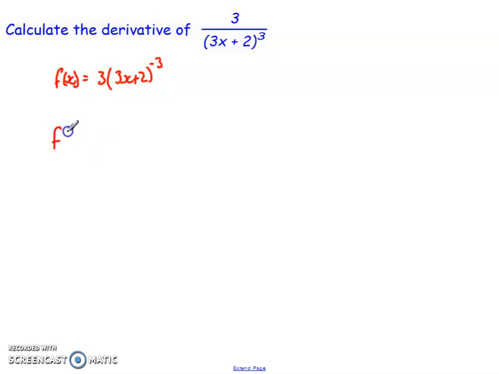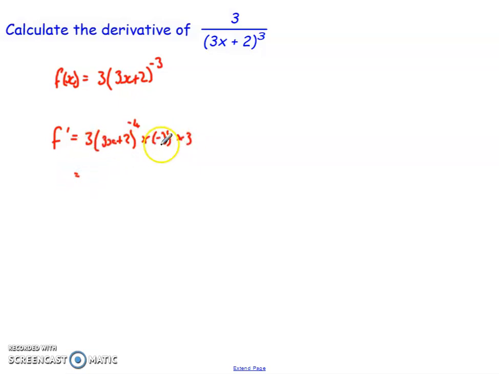So in this case, I'd have my f dashed equals 3(3x plus 2). I'd bring down the power, so it's times by negative 3. I'd reduce the power by 1, so negative 3 take away 1 is negative 4. And then I'd multiply by the derivative of what's in the bracket, times by 3 again.